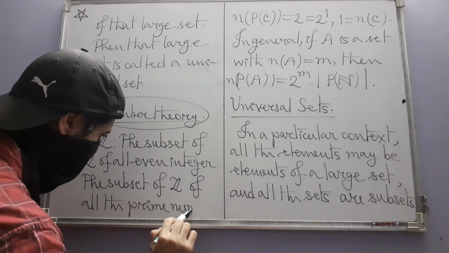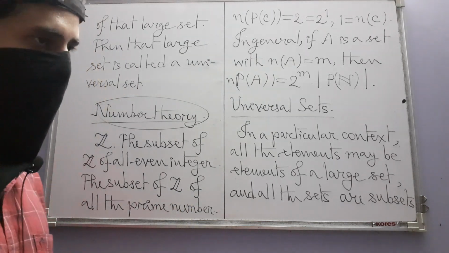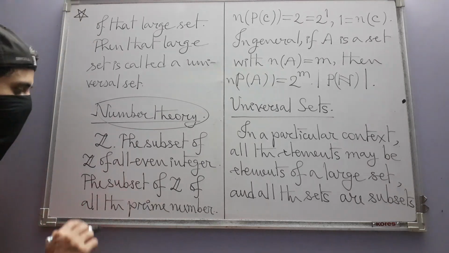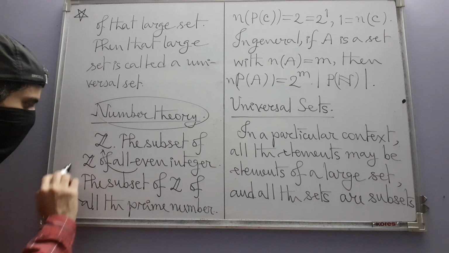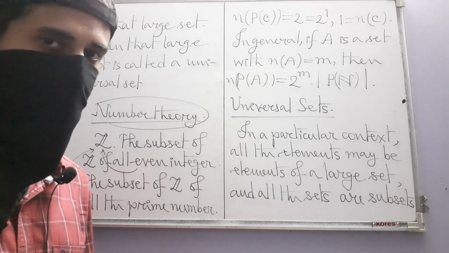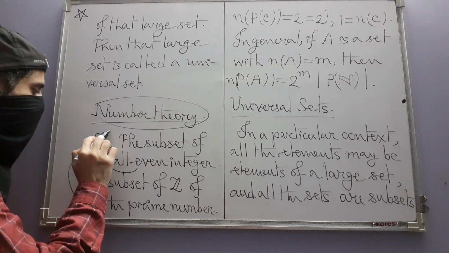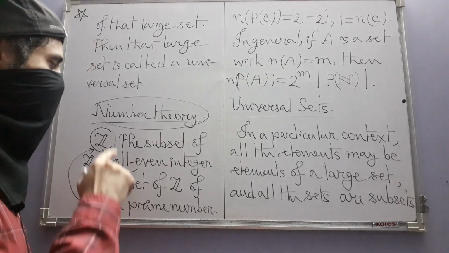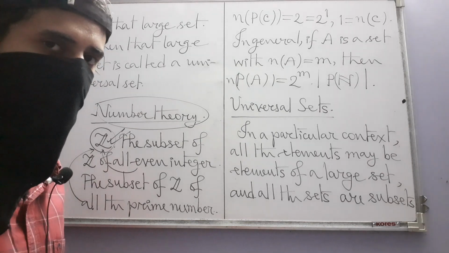This second subset is in fact a hot topic of discussion among number theorists, and there are so many things still unknown about this subset. So all these subsets of interest are subsets of this single set, and all the elements of interest in a number theory discussion at this level are integers. So you actually do not have to go outside of the universe of integers, and that's why in that particular discussion, this can be taken as a universal set.